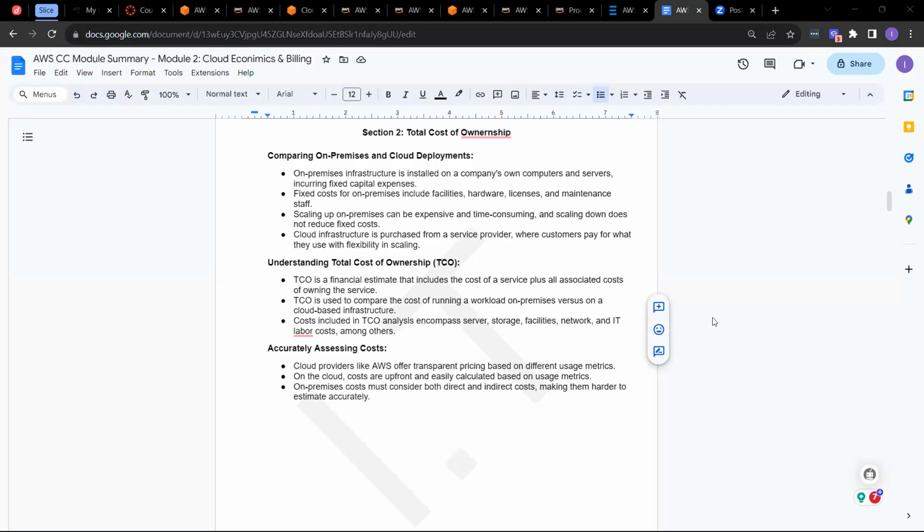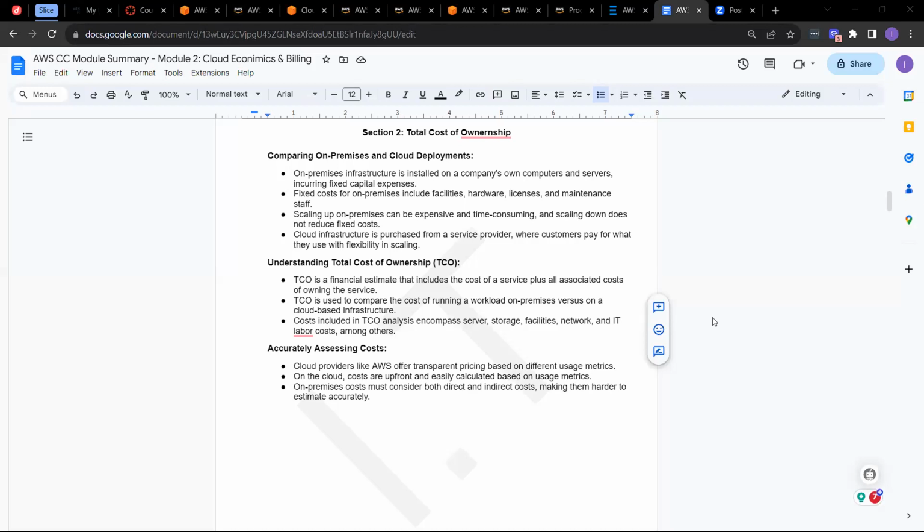So here, this second point, I actually battled with it before I got to understand. It says on the cloud, costs are upfront and easily calculated based on usage metrics, right? I felt it should be costs are not upfront and easily calculated, but I think this was talking about the pricing calculator.